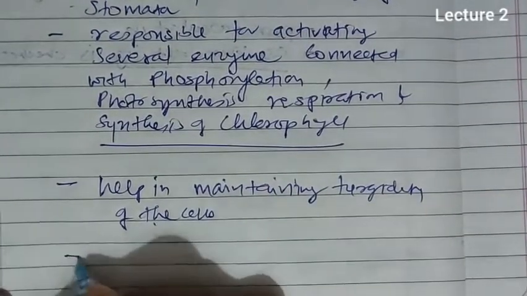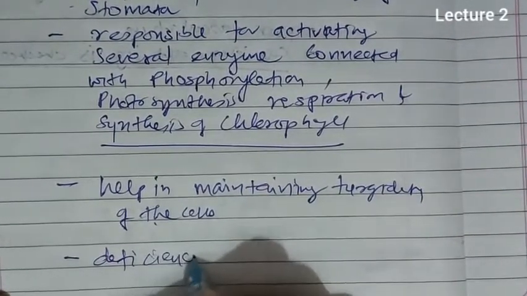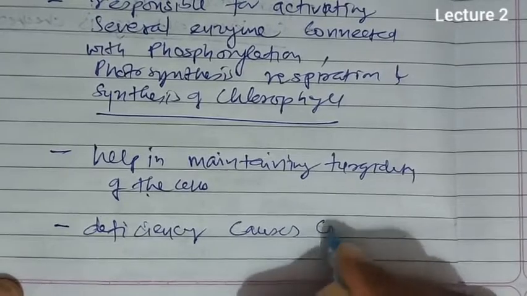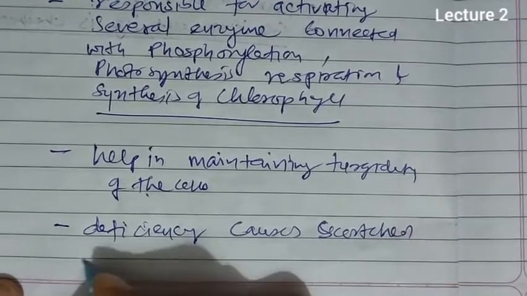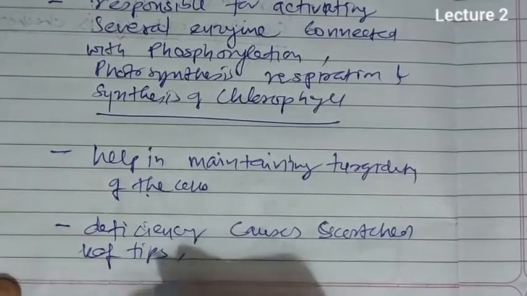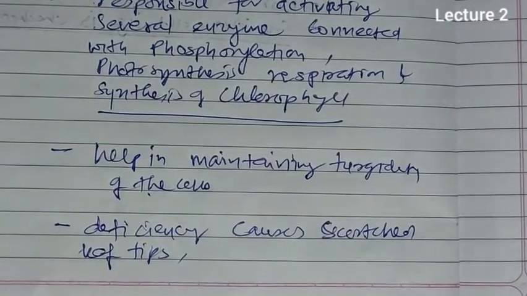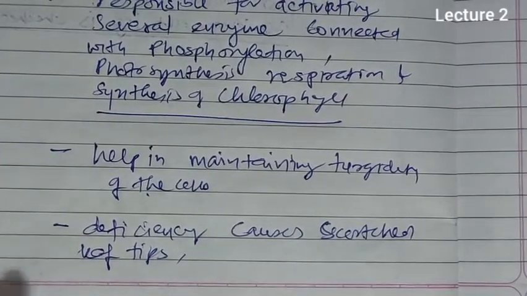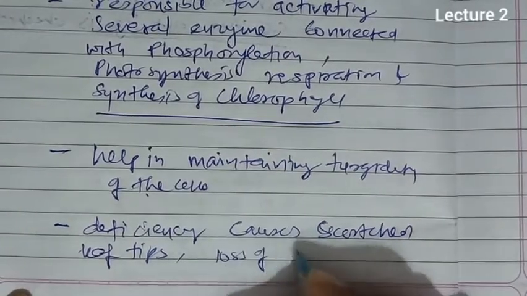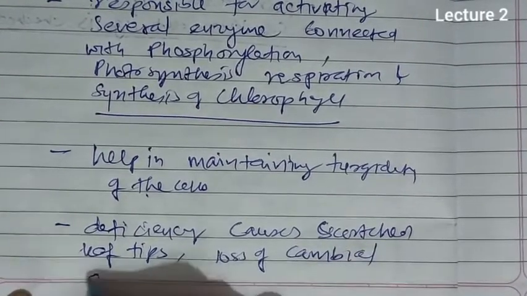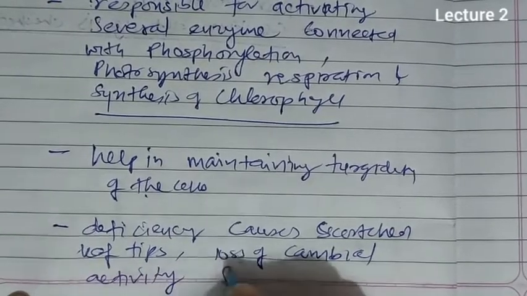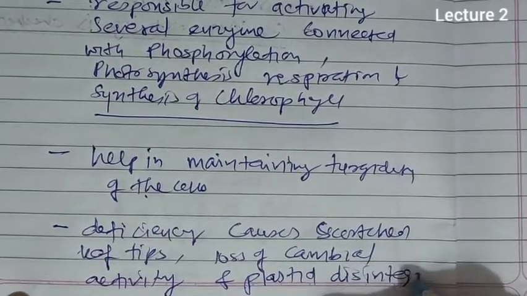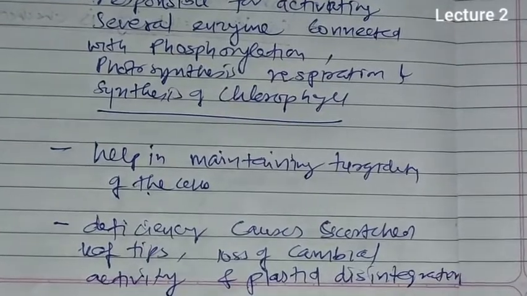And deficiency of potassium causes leaf tips drying, loss of cambial activity, and plastid disintegration.